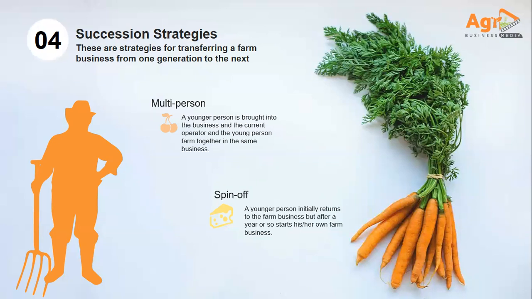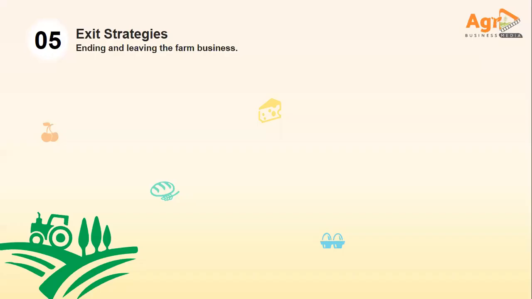The younger person and the older party work together and share machinery and equipment as well. But each party operates his or her own business. And at the retirement of the older party, the younger person merges the two businesses together and operates them as one business.